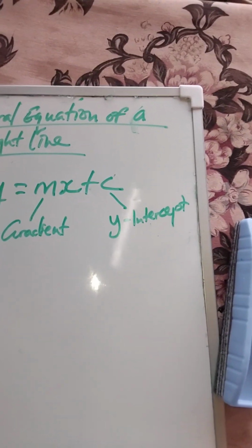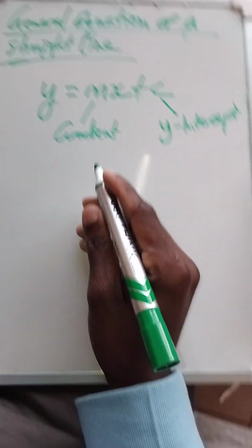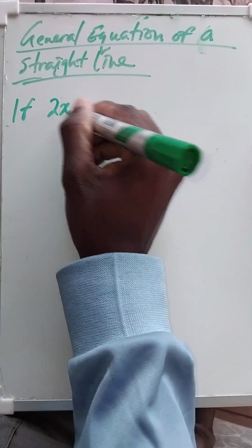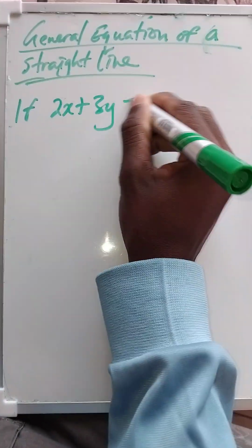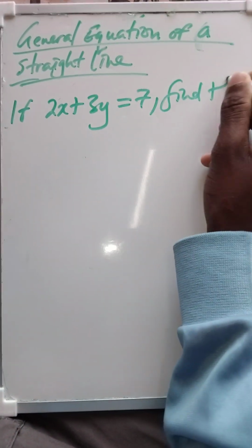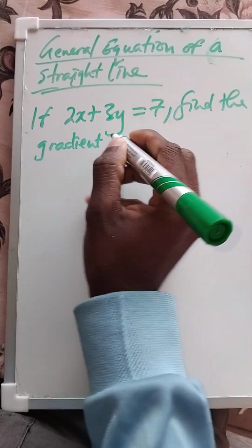You may be given: if 2x plus 3y is equal to 7, find the gradient of the straight line. How do you find the gradient of a given straight line?